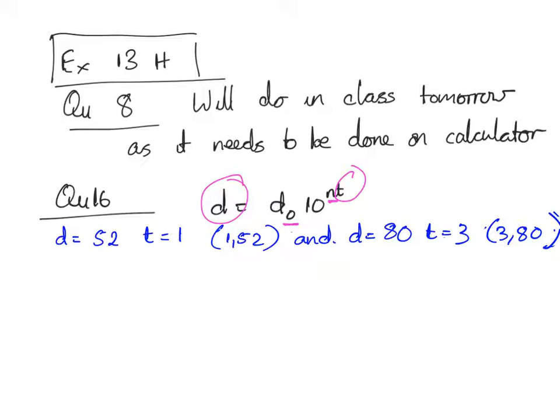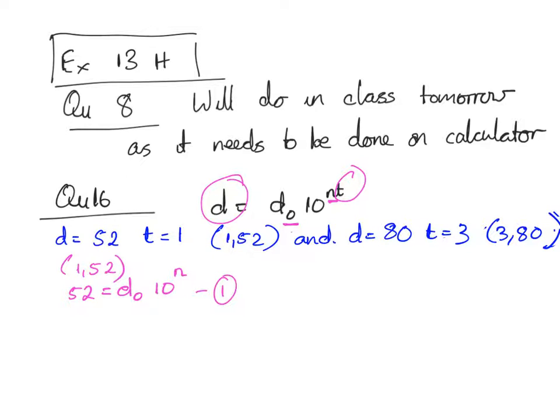So when we've got 1 and 52, what does the equation look like? You get D, which is 52, is equal to D0 times 10 to the power of n times t, t is 1, so times 10 to the power of n. That would be my first equation.